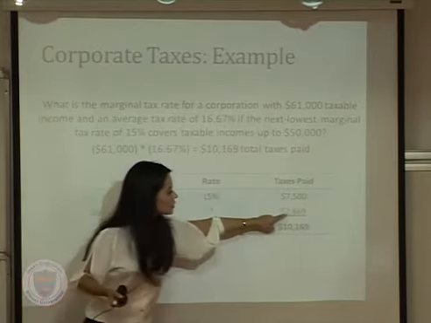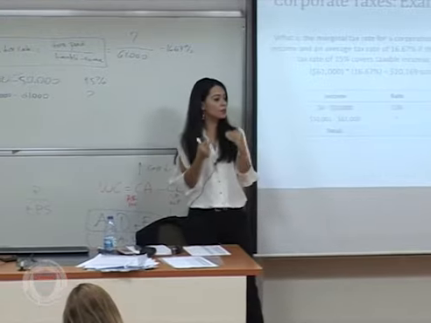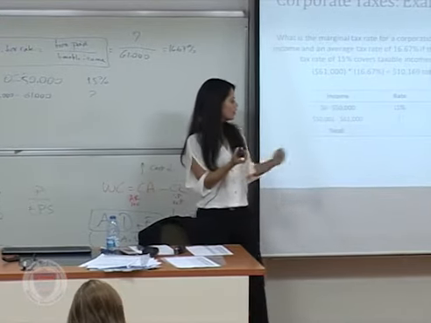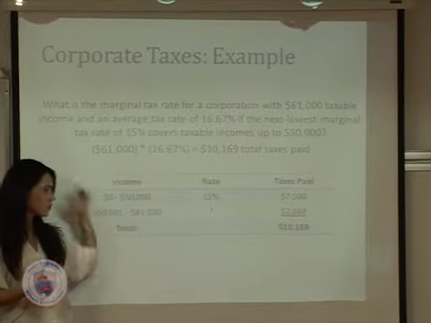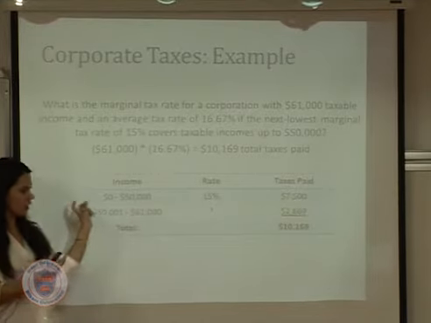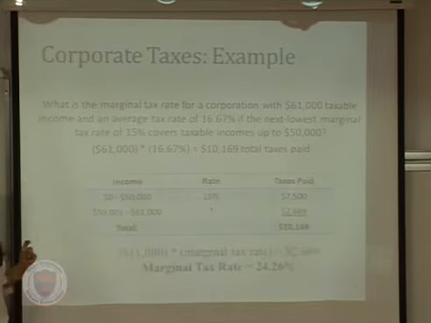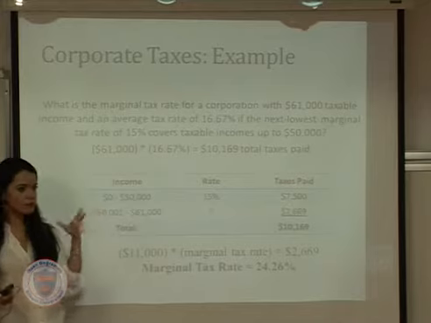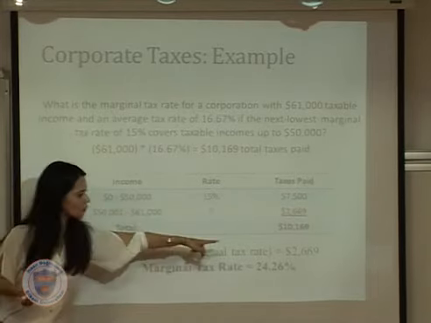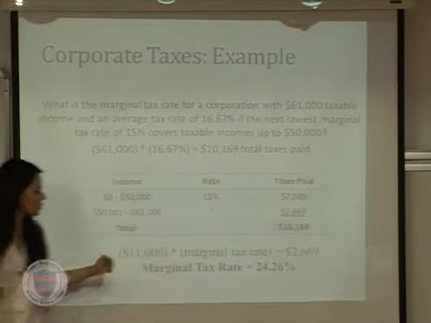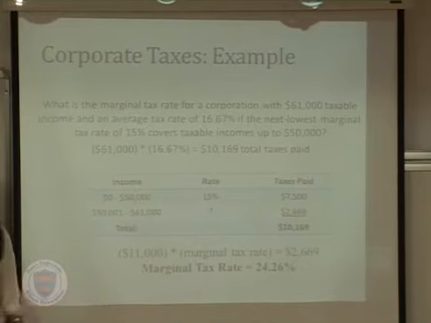So the difference, $2,669, is the tax you paid within the new bracket, from $50,000 to $61,000. For this $11,000 bracket, you pay $2,669. So from here, you can calculate the marginal tax rate, which will be equal to 25%.